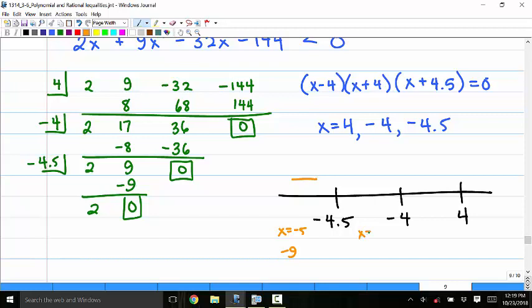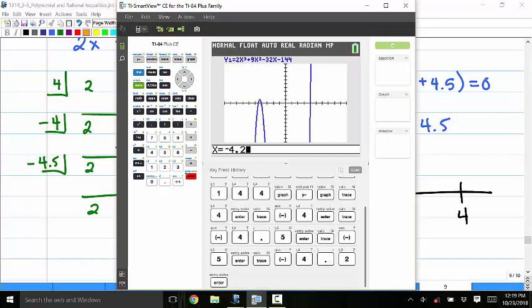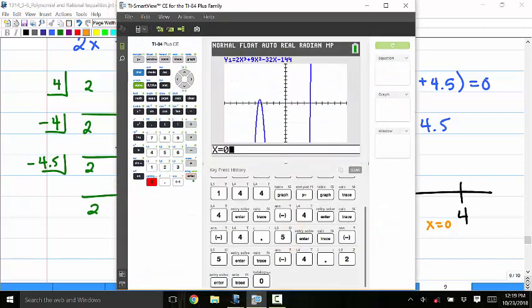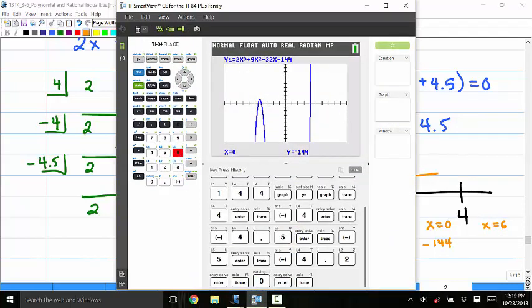If I type in negative 4.2, I get a positive 0.984. If I type in x equals 0, I get a negative 144. And if I type in x equals 6, I get positive 420.